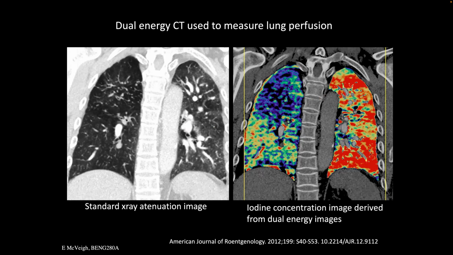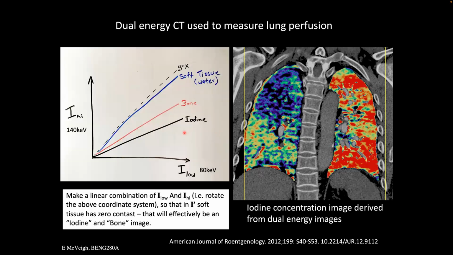And when you do that with this patient, this is called dual energy CT or multi-energy CT, you see that there's a big dropout in flow in this region of this lung versus this normal lung that has normal blood flow. And the way that's done is you basically take two CT images, and this is just for dual energy CT. You take one where your incident beam is set to 80 keV, and then you take an incident beam that's 140 keV, right?